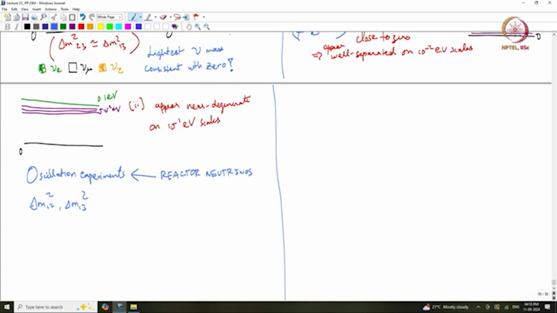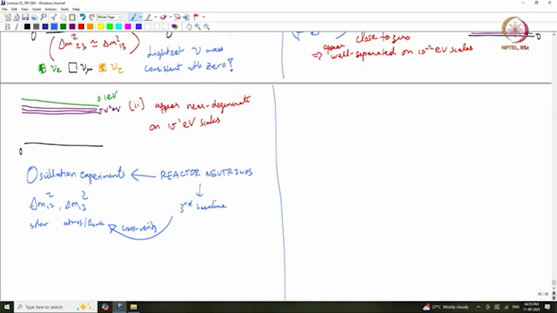This is with solar baseline and this is with atmospheric or earth baseline, right. Now you have yet another handle, a third baseline, and you can do one more measurement and cross verify the measurements that you made using atmospheric and solar neutrinos.